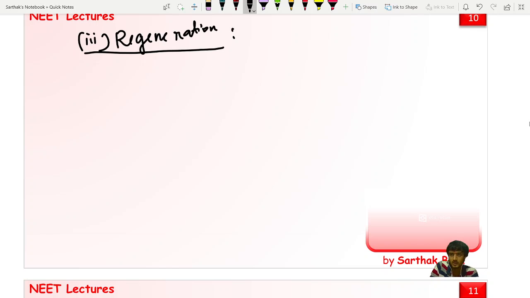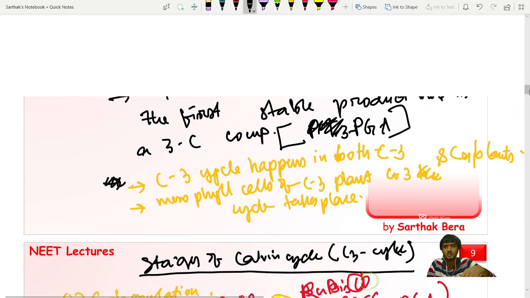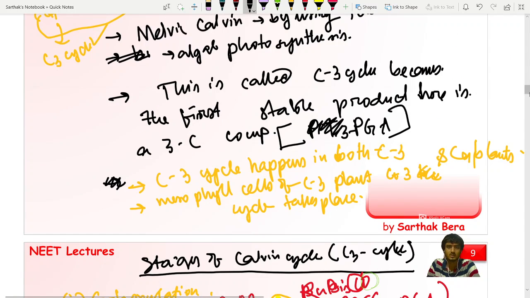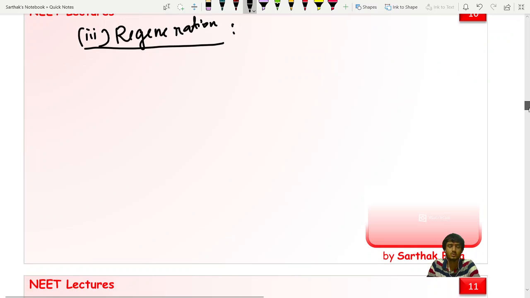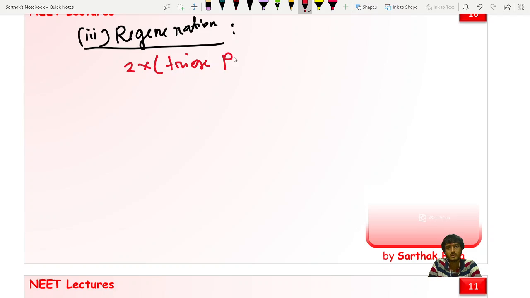Our previous product from the reduction was 2 triose phosphate molecules, and triose phosphate is a 3 carbon compound, so 2 into 3 carbon is 6 carbon.